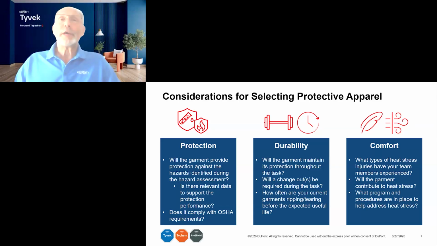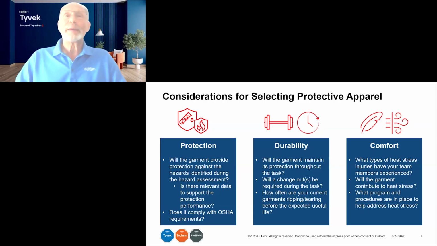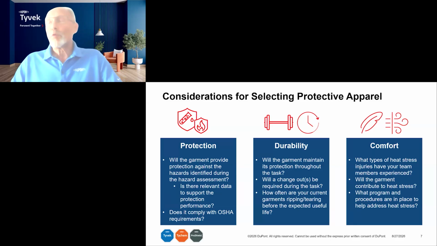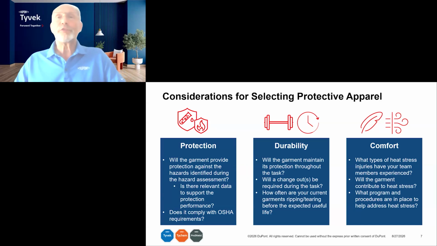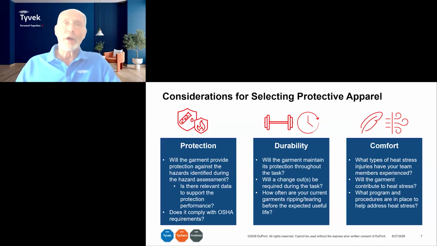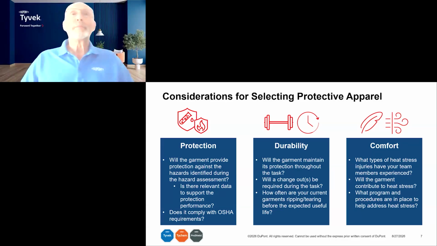Heat stress is a concern, and oftentimes PPE can play a role in contributing to it. So it's important to implement other programs and procedures to mitigate those risks for heat stress illnesses. Ultimately, it's important when you're assessing different garments to try and find the best balance of protection, durability, and comfort.